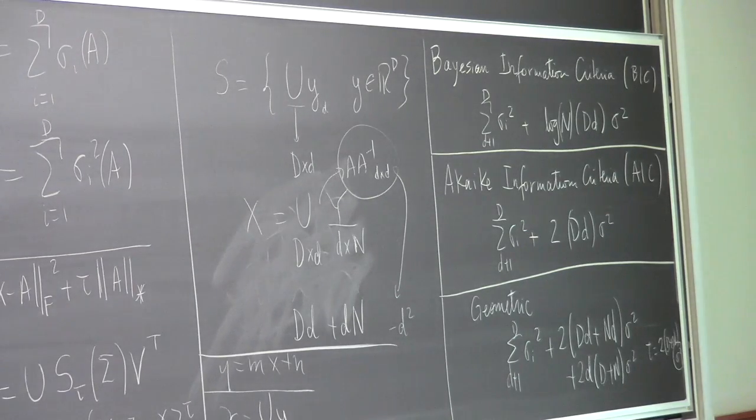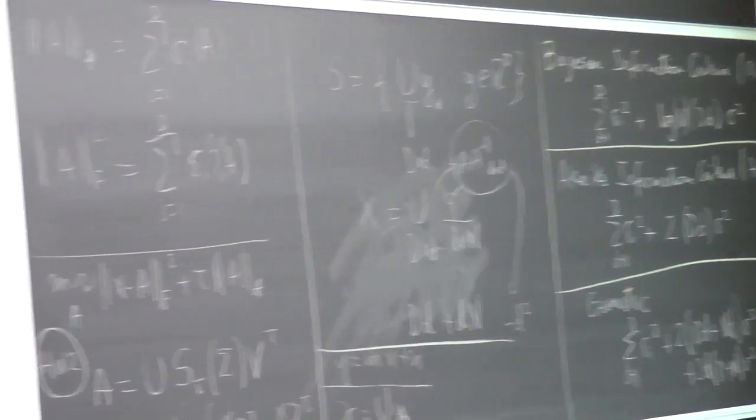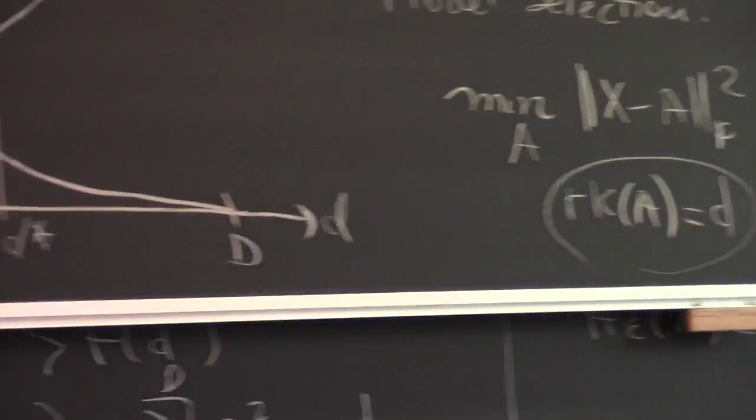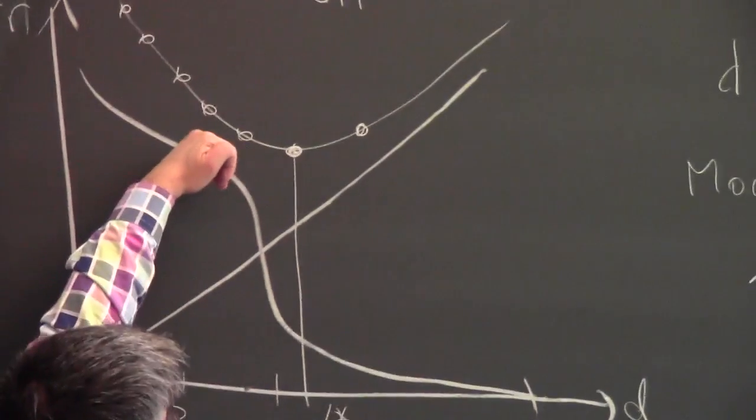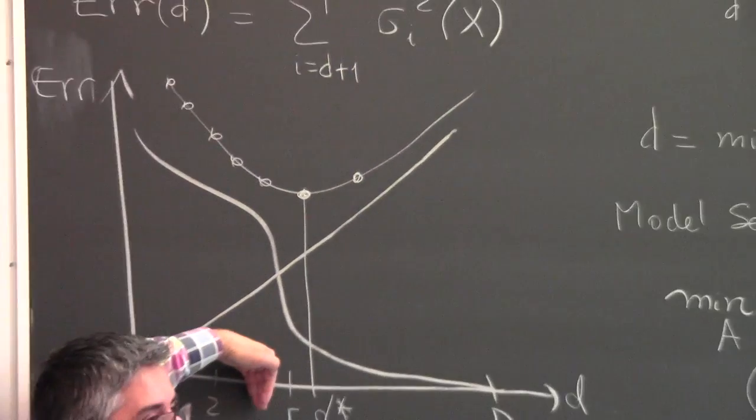If the data was perfectly of rank D, how would this look like? It would go sharply down, and then be constant, right? So a matrix that is rank D and has no noise, we expect the behavior of this error to be like this, sharply go down.